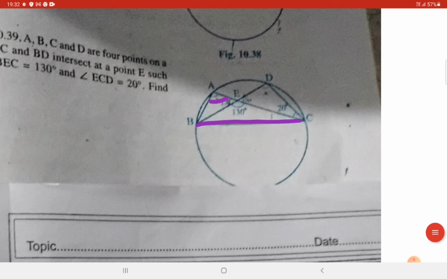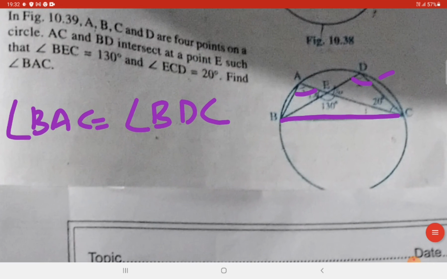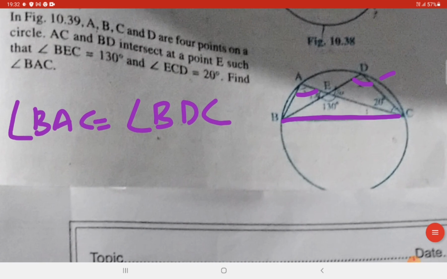There are two segments and in one same segment two angles are there, angle BAC and BDC. Then by theorem 10.9 we can say that angle BAC is equal to angle BDC. Now the question is to find BAC. So if you get angle BDC, that will be the same as BAC.